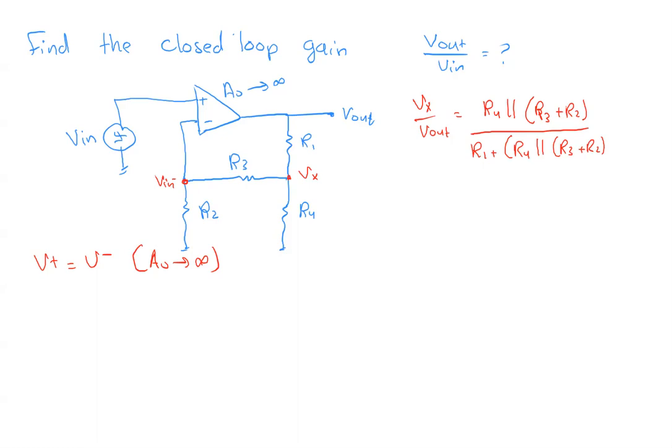Now I want to find Vn, or let's just take the V out on the other side, multiplied with the V out. Now Vn2 is another voltage divider here, and this network here. So now all of this is Vx, Vn2 or V negative.